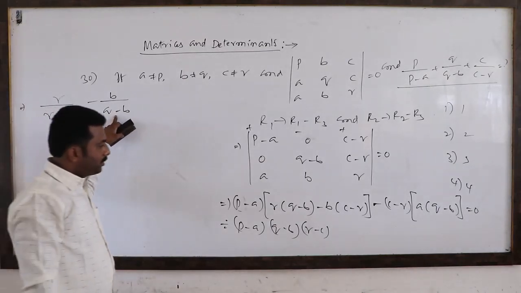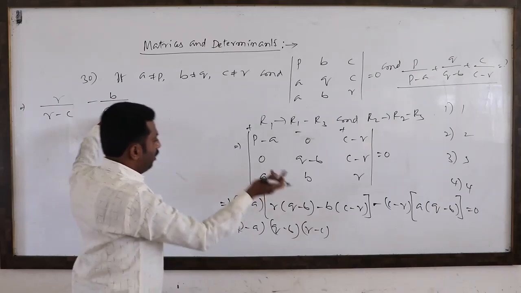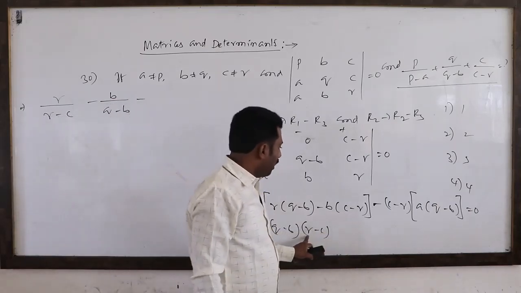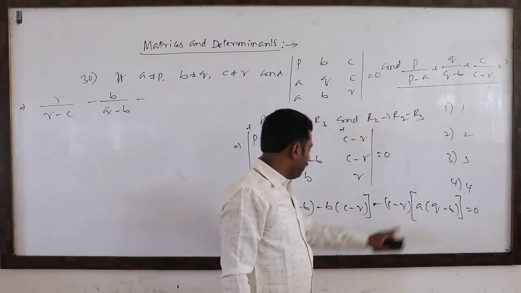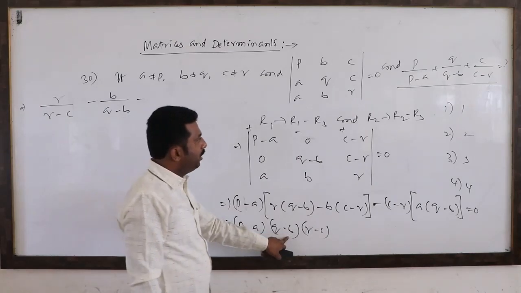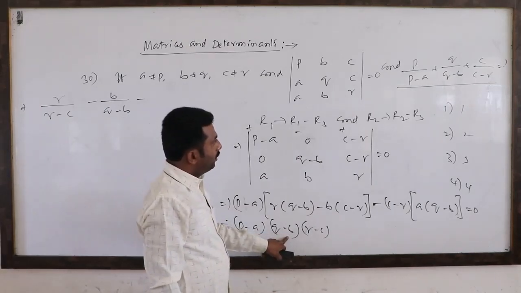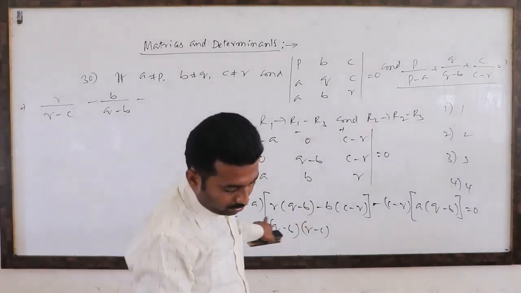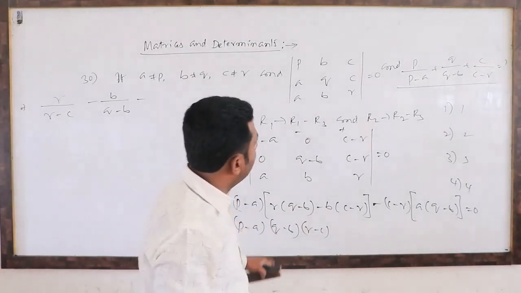So from this, next step, minus these terms you observe. This is R minus C, this is (P minus A), (Q minus B), then C minus R. (P minus A), (Q minus B), (R minus C).